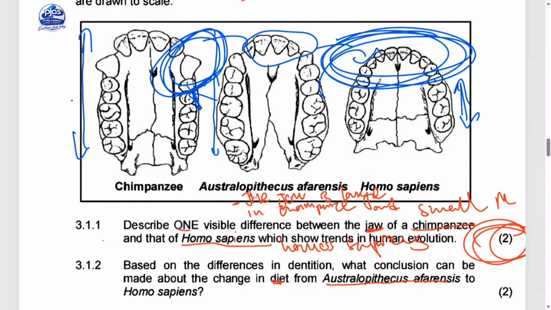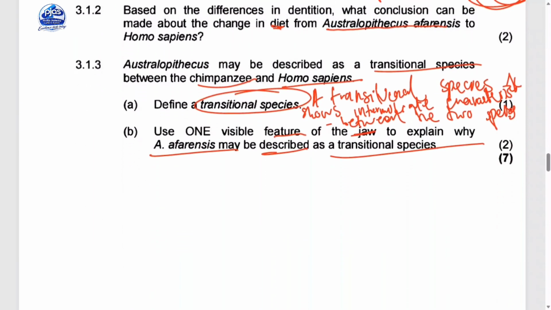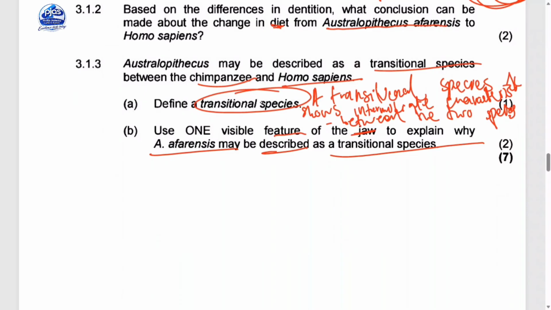Meaning that now, when we compare A. afarensis with the teeth of chimpanzee, the canines are smaller when you compare it to the chimpanzee, but when you compare to the Homo sapiens, they are large. So those are the things that you can mention there. Those are the visible things that you can check.